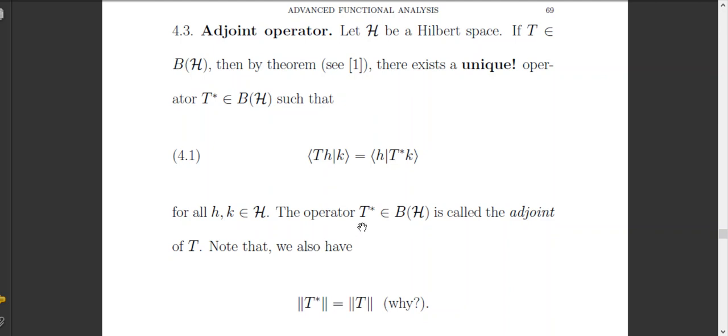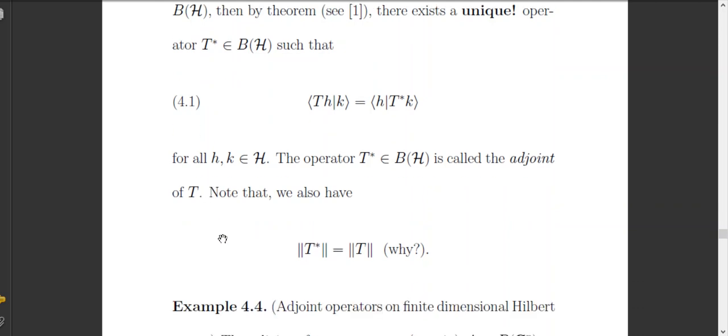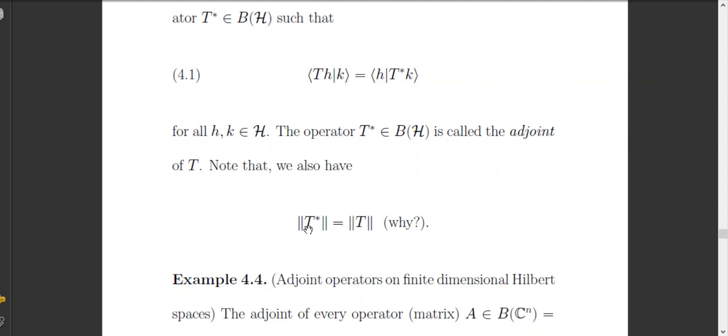This operator T star, this element of B(H), is called the adjoint of T. Okay, it's called the adjoint of T, and we have this, that the norm of T star equals the norm of T. I leave it to you to figure out as an exercise.